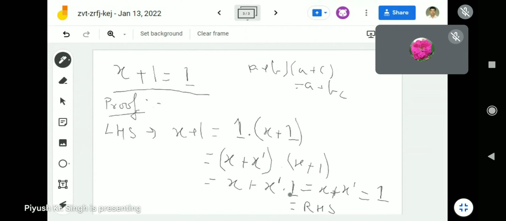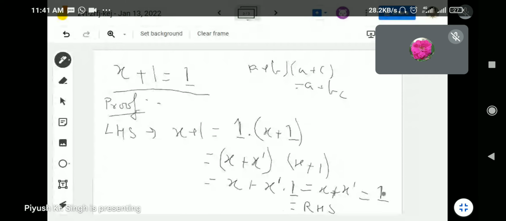Since 1 is the identity element over multiplication, 1 into x bar will be x bar itself, so it is x plus x bar. Since x is a Boolean variable and x bar is its complement, its sum will always be equal to 1. So it is 1, and this is equal to RHS. Is it clear?